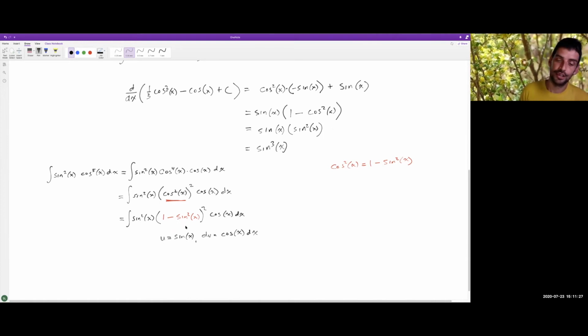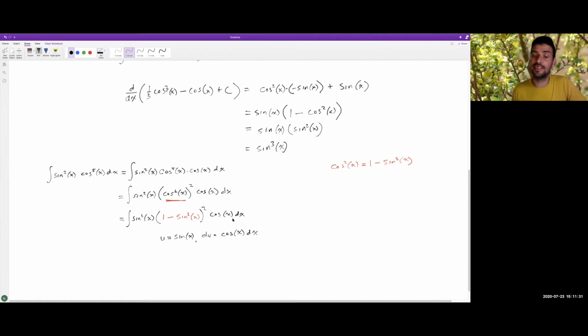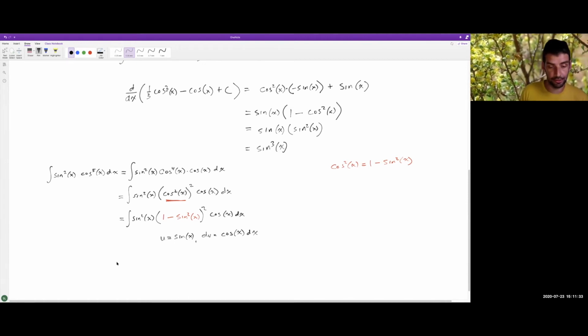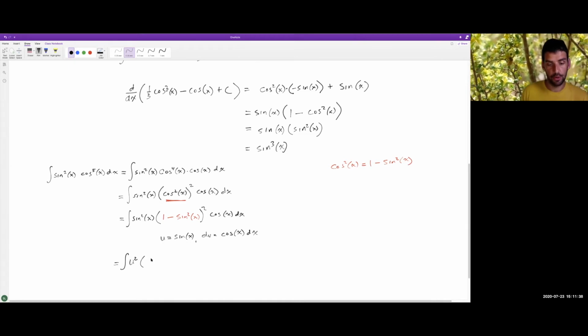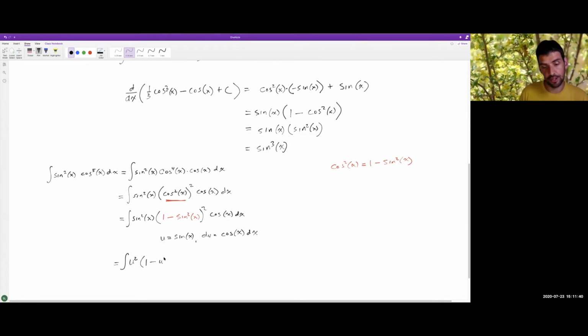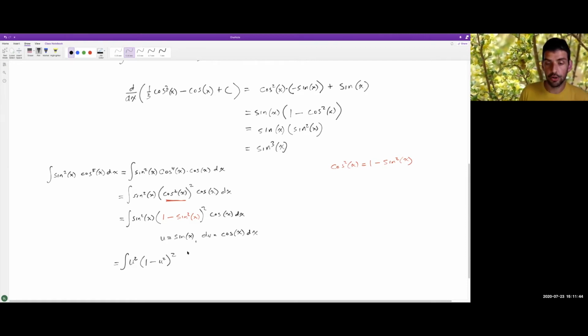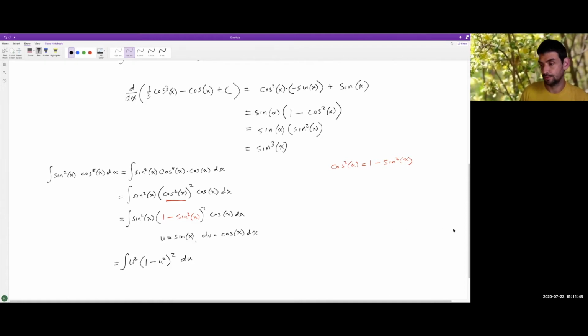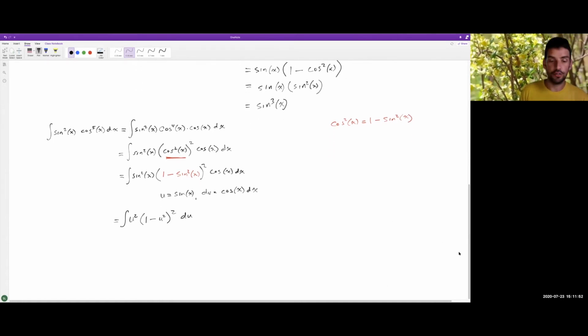Anyways, we have several instances of sine of x, and then we have a cosine x dx factor, and so we can account for everything. Sine squared becomes u squared. 1 minus sine squared becomes 1 minus u squared, squared. Cosine of x dx becomes du. Okay. And now we have a very solvable integral.